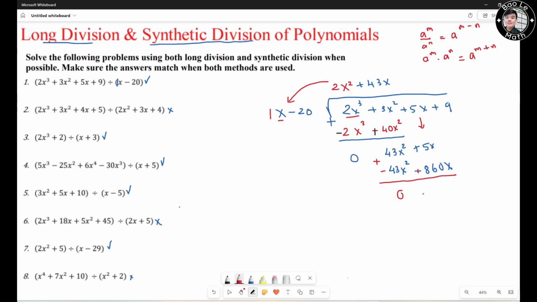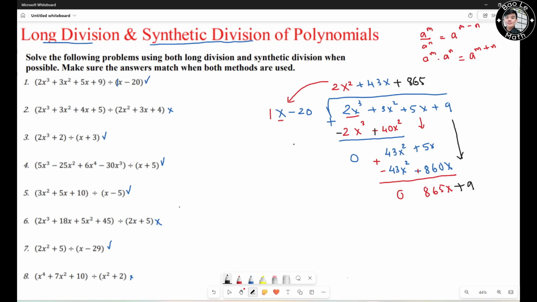You add this up, it's going to be 865s. Next you bring 9 down, plus 9. 865 divided by 1 is going to be plus 865. s divided by s is going to be 1, so you don't need to write 1 right here.